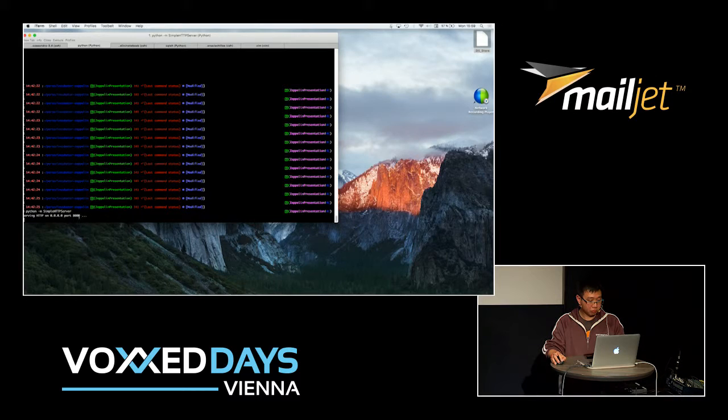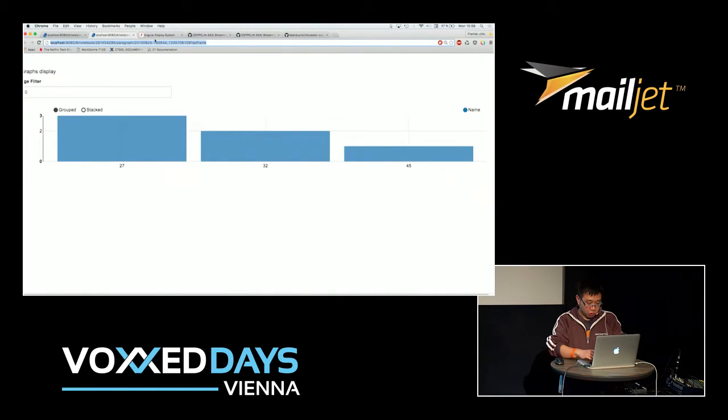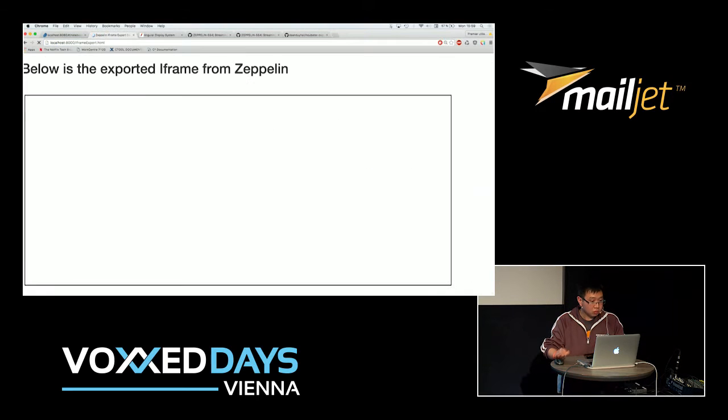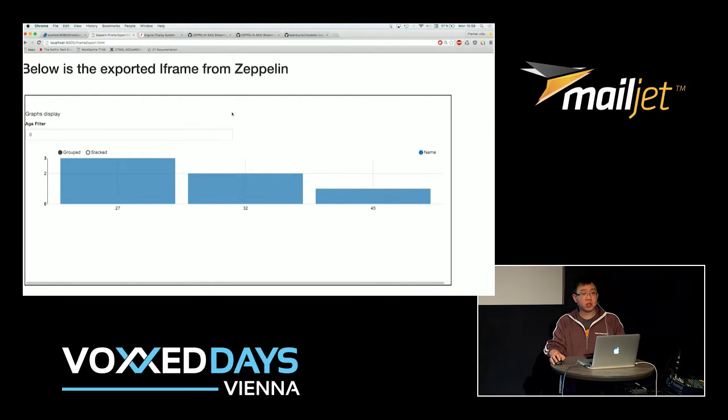Okay. Now let's go to localhost. This is the page where I export my graph. So you can see that my boss, he cannot change anymore the source code because the source code is not here. He can only see the results.